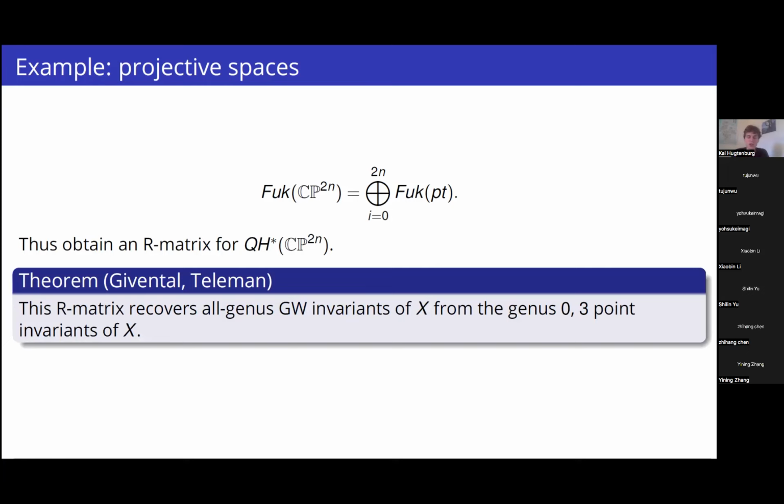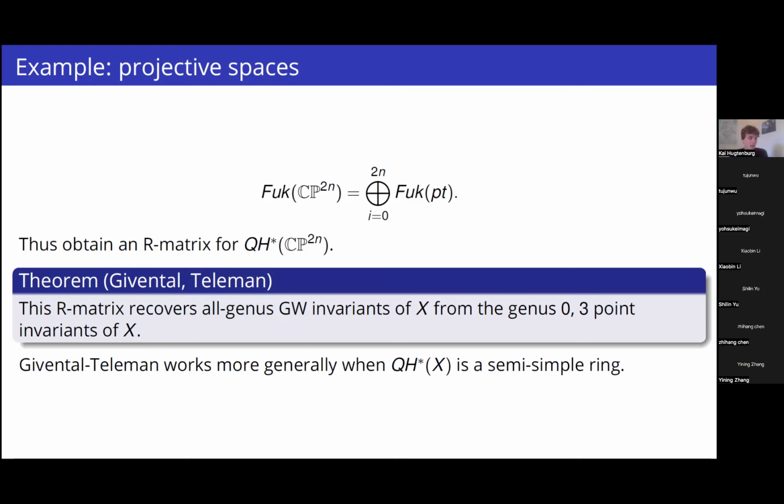So you don't need to consider those. This was a result by Givental and Teleman in their classification of semisimple cohomological field theories. And this will work more generally in that setting. Here I've only shown the case of CP^{2n}, but in general, you can apply this when the quantum cohomology is semisimple.